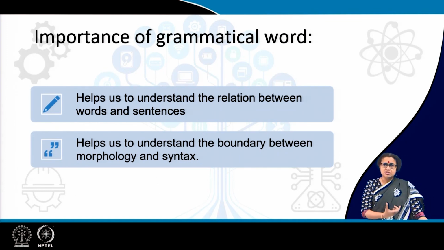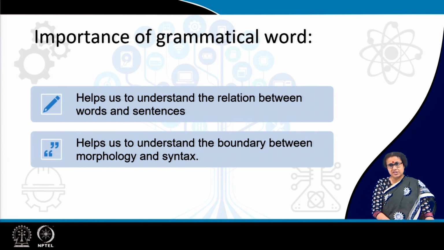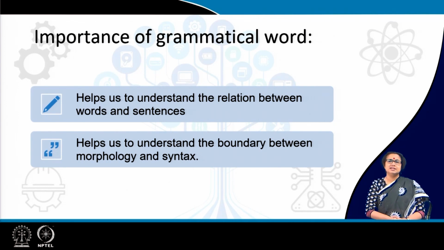So, importance of grammatical word, you can see here that the two points that I have mentioned can help us to understand the relation between words and sentences. As I was telling you, in morphology we have to understand different compositions of word, different ways of creating or forming words, but we will also try to understand the relationship between words and sentences.